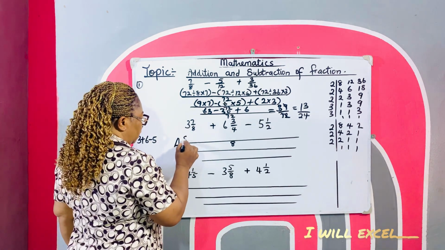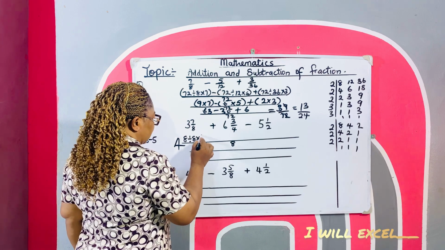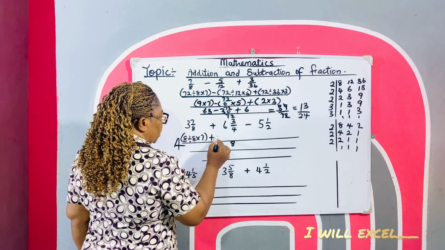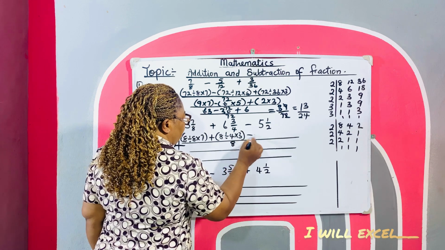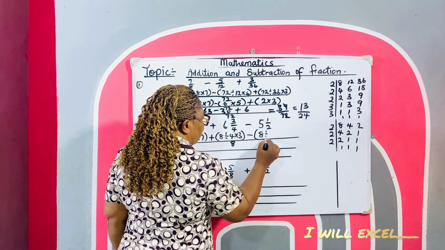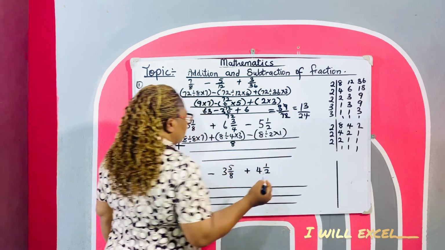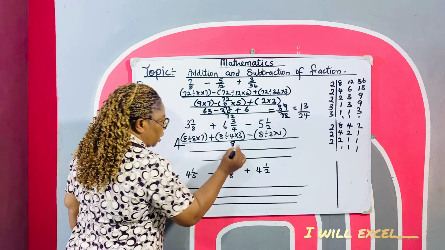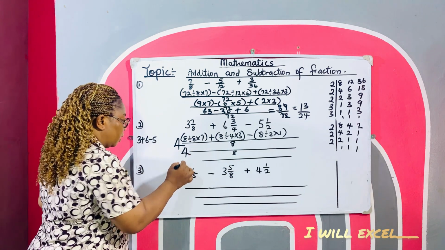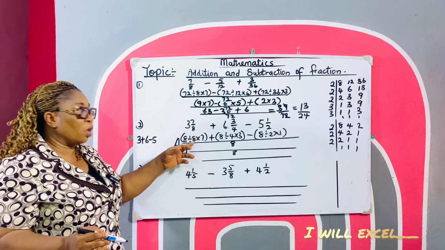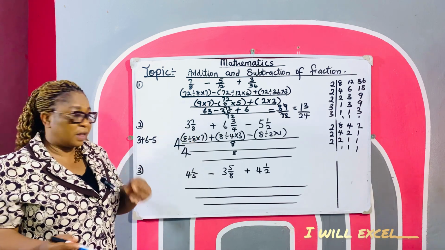Now, 8 divided by 8 times 7 plus 8 divided by 4 times 3 minus 8 divided by 2 times 1. Good. The LCM remains 8. The whole number is still there. 8 divided by itself will give us 1. 1 times 7 will give us 7.